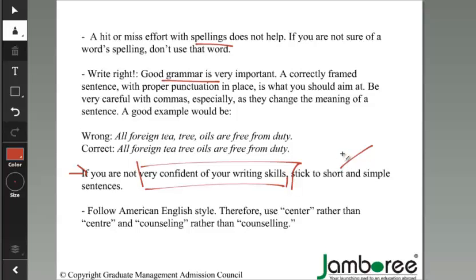It's a little late in life, by the way. For the GMAT, you can focus on the next few years to improve your writing skills. But now that you're preparing for the GMAT, you'll be taking the exam in 2-3 months, and 2-3 months is not enough to drastically improve your basic writing skills. So if you are not confident of your writing skills, stick to short and simple sentences. Okay, there's another thing.